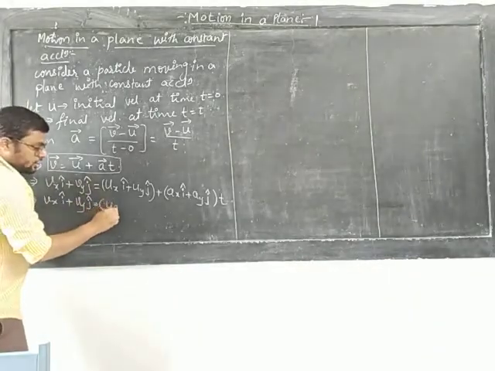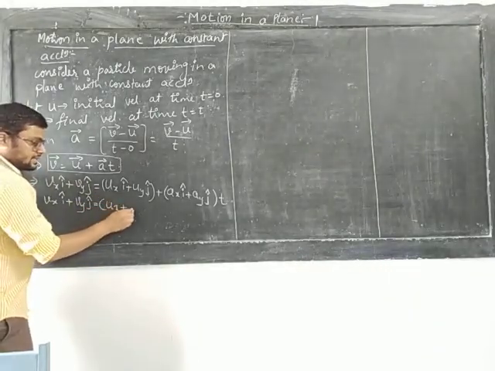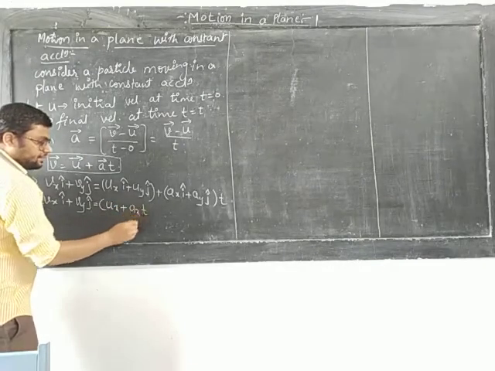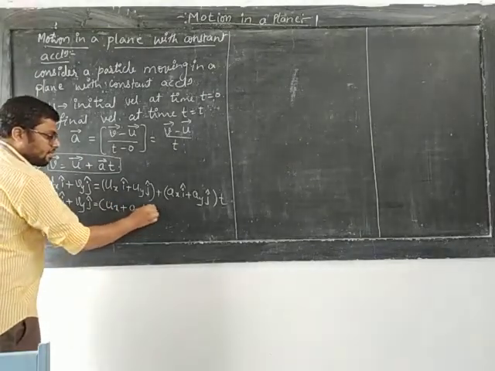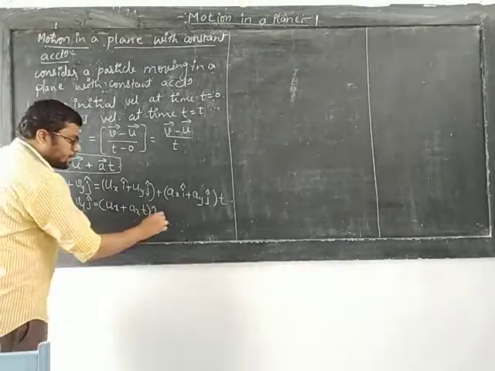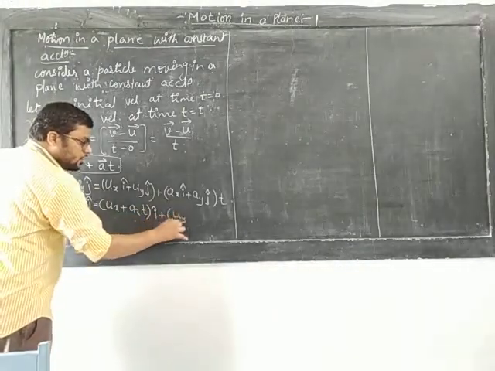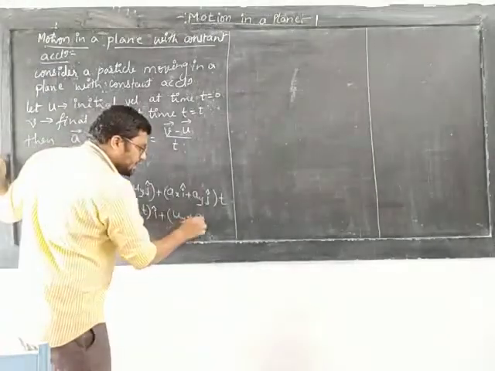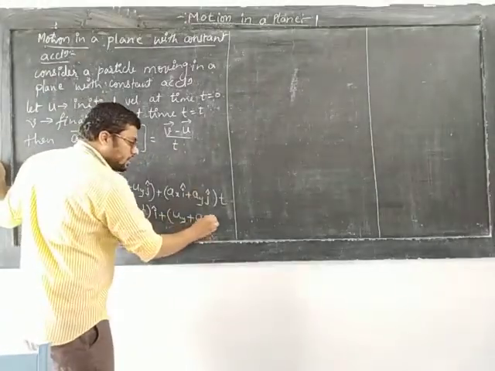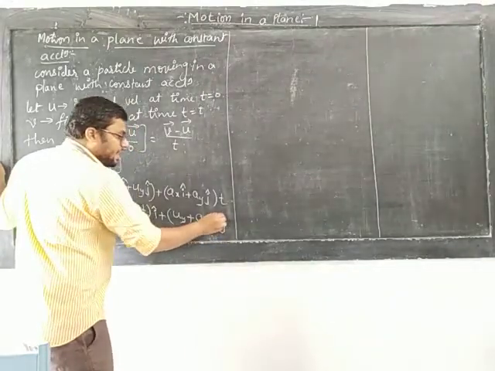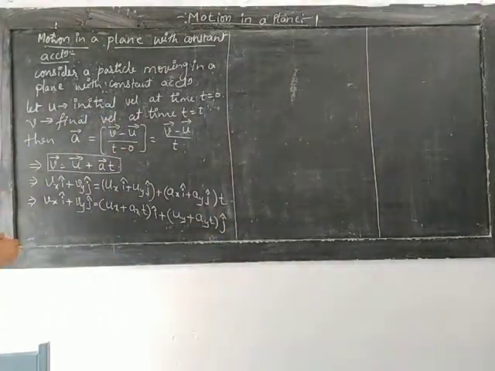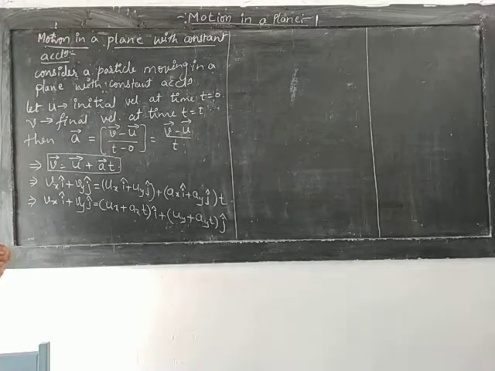That is (ux plus ax t) i cap, right, plus (uy plus ay t) j cap. I hope you understand, right? I just brought all the terms which are coefficients of i under one bracket and the terms which are coefficients of j cap under one bracket. That's it.